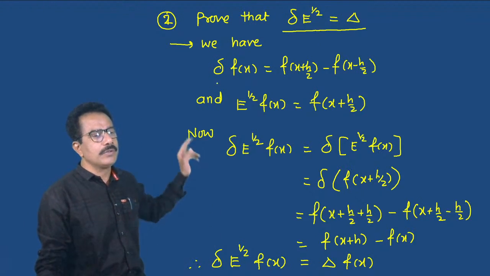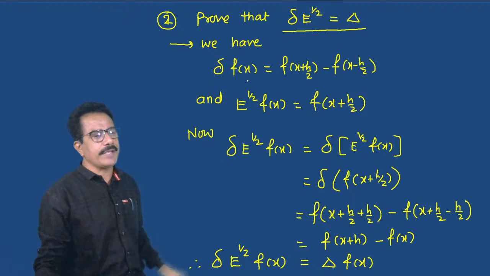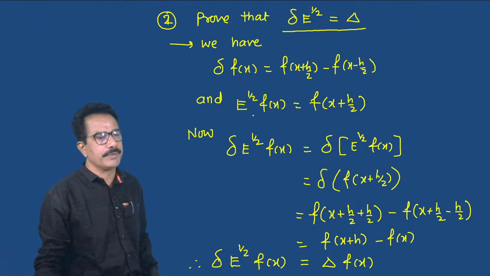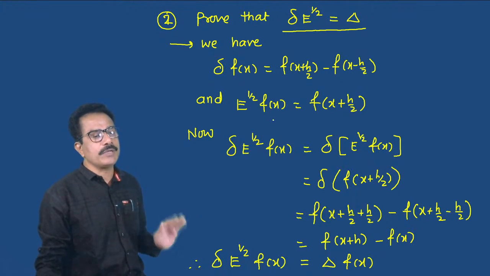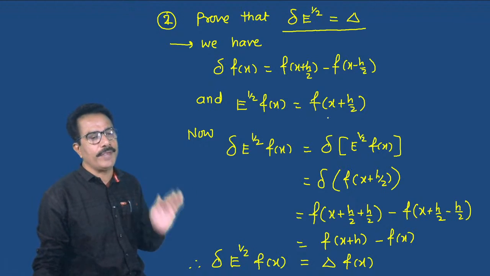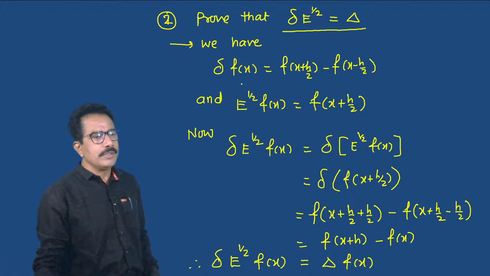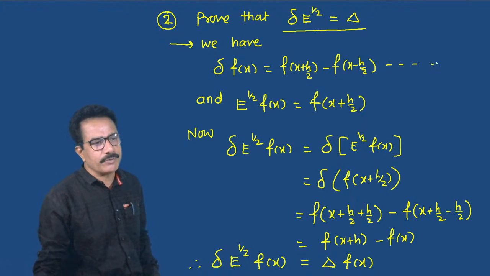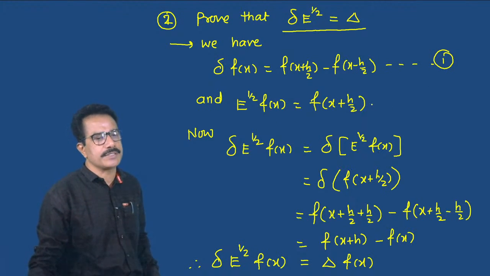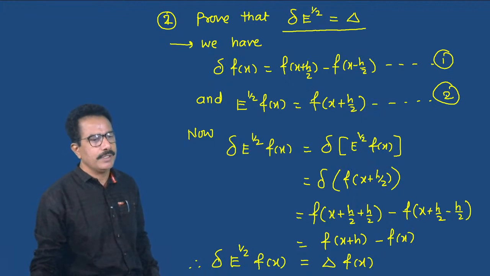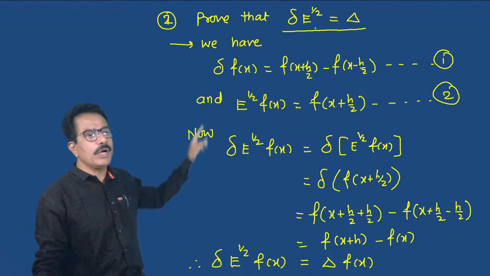So we have delta f of x is equal to f of x plus h by 2 minus f of x minus h by 2, and e raised to 1 by 2 f of x is equal to f of x plus h by 2. Now this is the first definition. We know that this is the central difference and this is the shift operator, both equations 1 and 2. Now we have to prove this result.